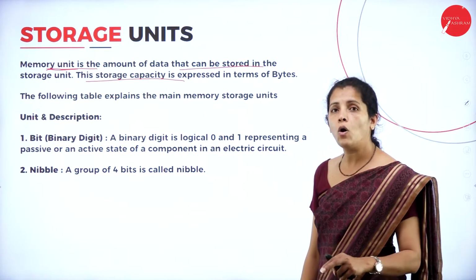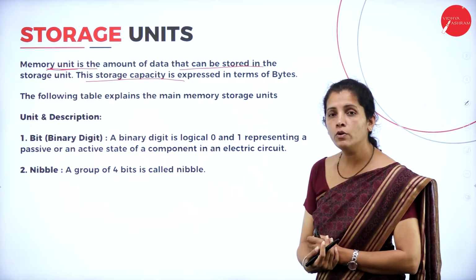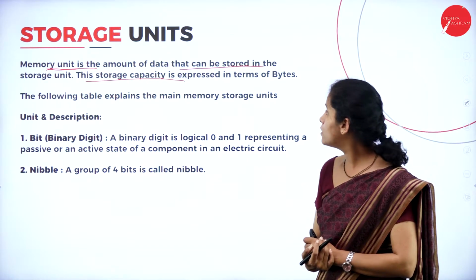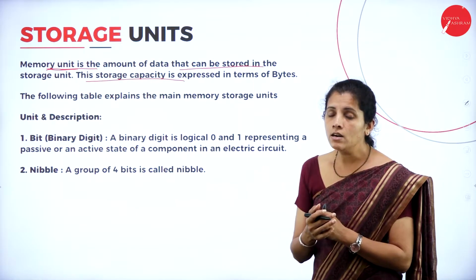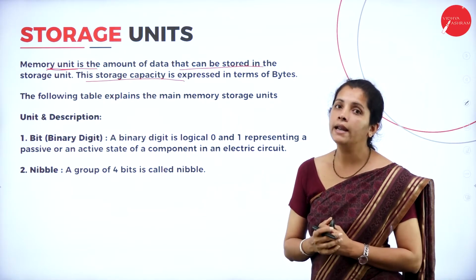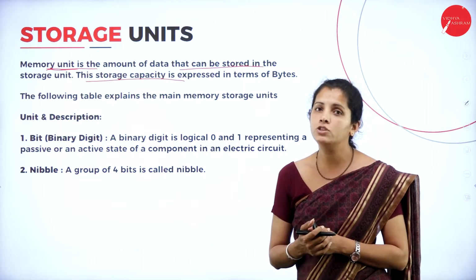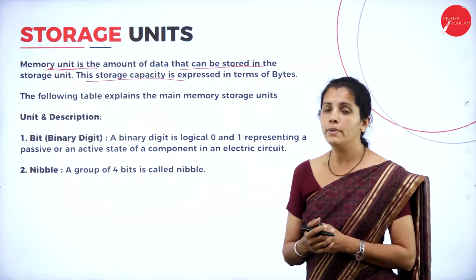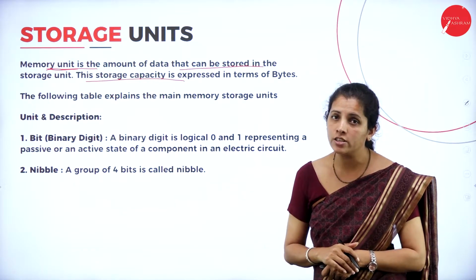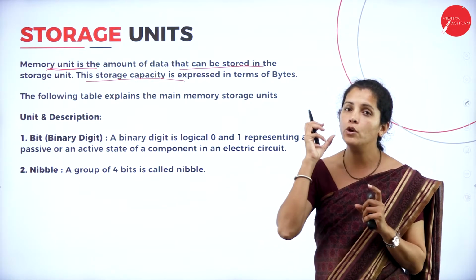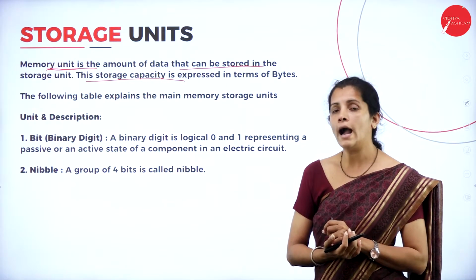That means all the data stored in computer memories is expressed in terms of bytes. A byte is nothing but 8 bits. So what is this bit? It is nothing but 0 and 1, because the computer understands only machine language, and whatever data we provide to the computer is in the form of 0 and 1.